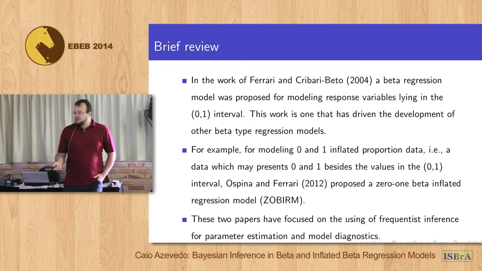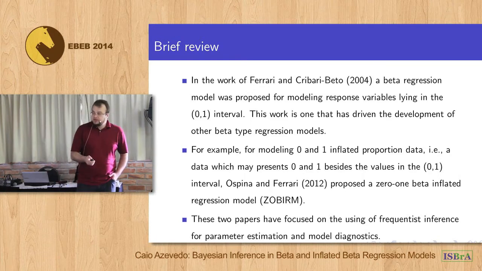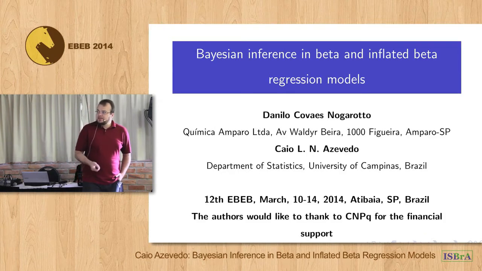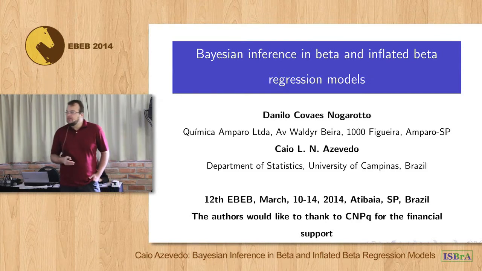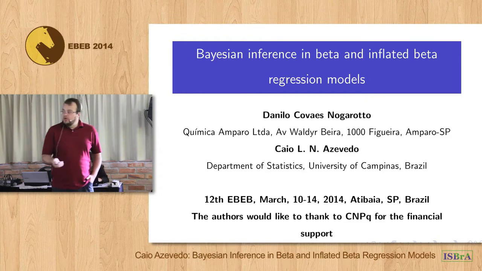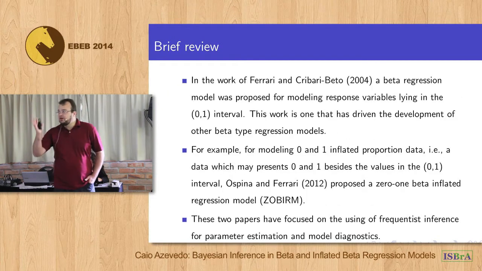Well, these works basically focus on the use of frequentist inference for parameter estimation and model diagnostics. The work of this dissertation was finished last year, and at that time neither I nor Danilo knew of any work using Bayesian inference to estimate parameters of beta regression models.